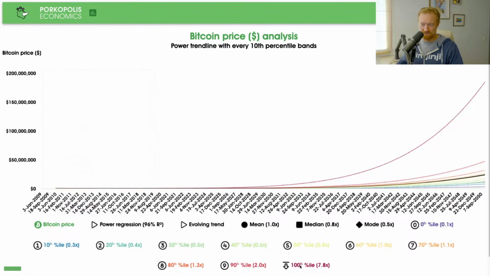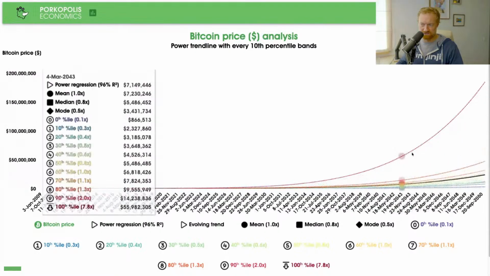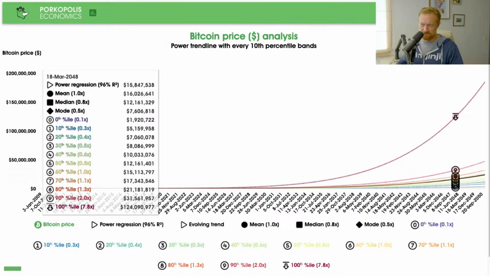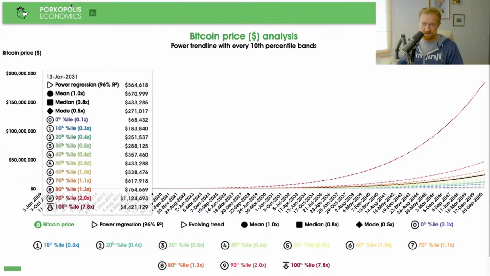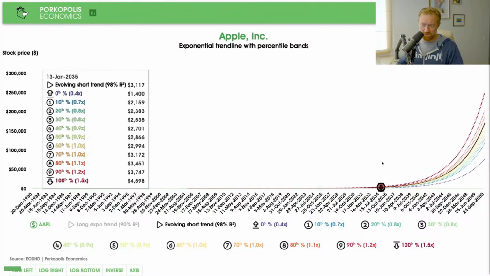Of course, this one is not. This one's pretty fast, the 100th. It's an extreme level. But all the others are pretty gradual on linear space. And with Apple, you see a sort of a hockey stick.